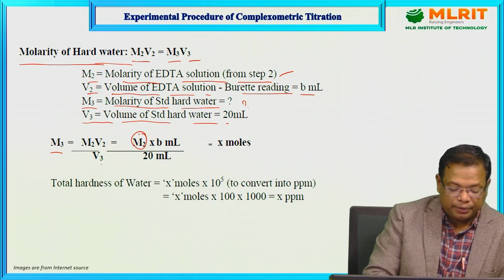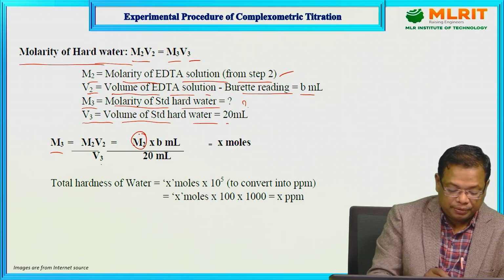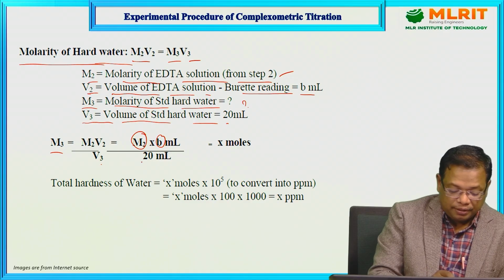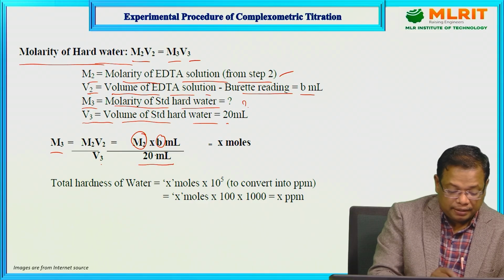M2 we already know from step 2, and B we already know. The molarity of the standard hard water is what we have to find. V3 is the volume of the standard hard water, which is already known, 20 mL.